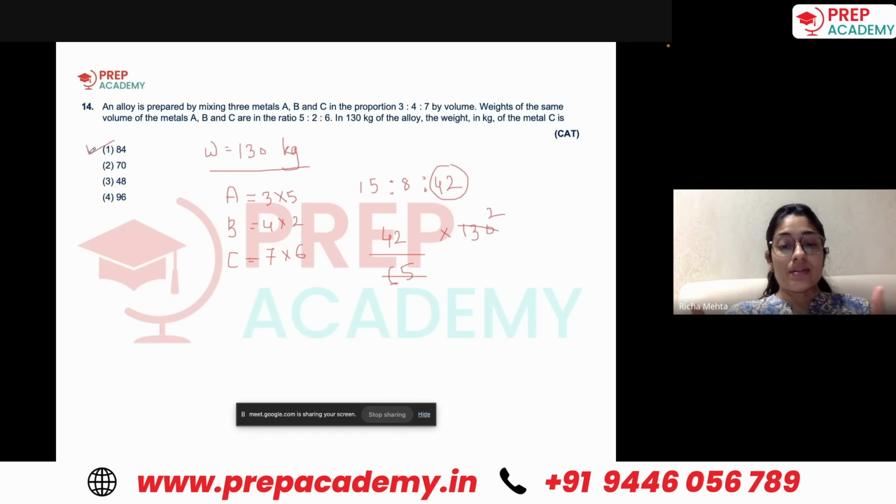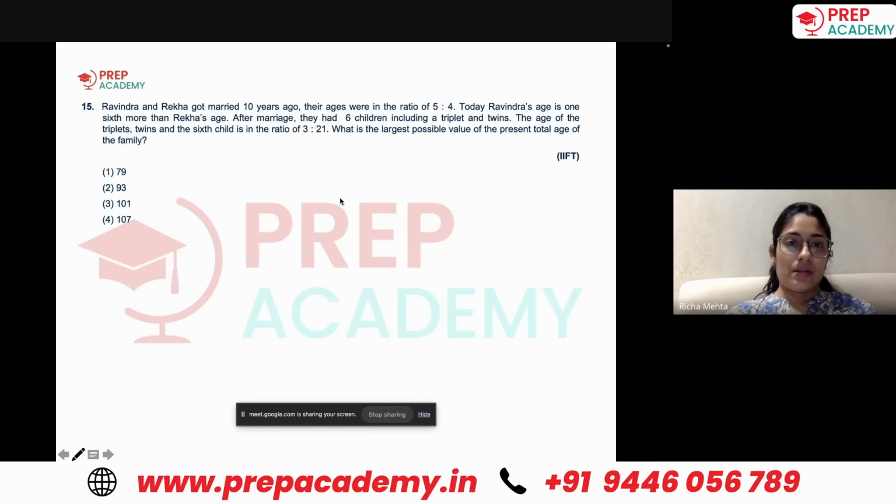Because this 130 kg of an entire alloy will be coming from two different factors. One is the proportion of every metal, and that proportion also has the weight of that metal. Both of these combined will give you 130 kg. That is why we mixed both of them to find the final ratio by weight of A, B, and C in the alloy. Okay, let's look at the next question.